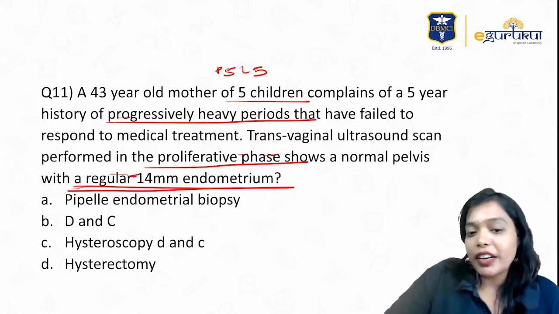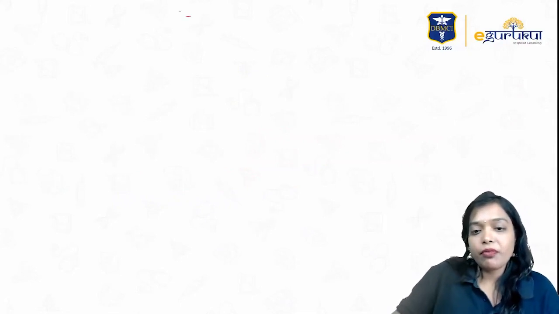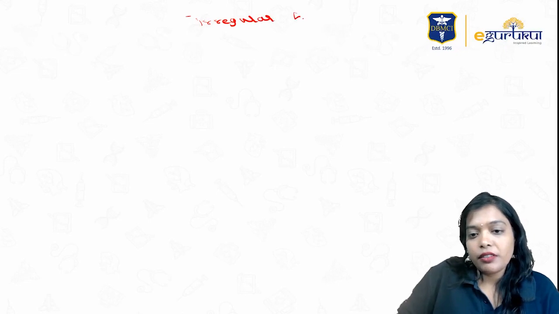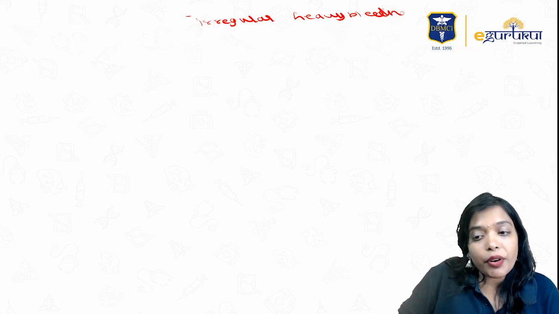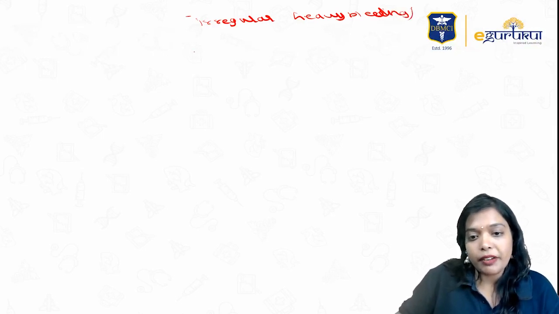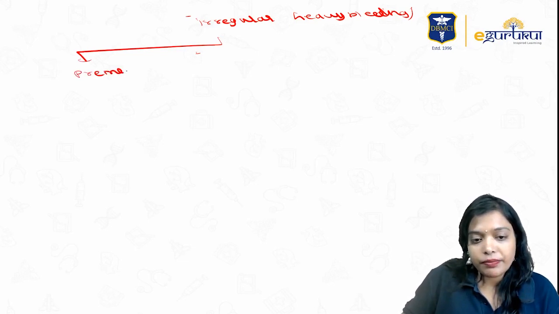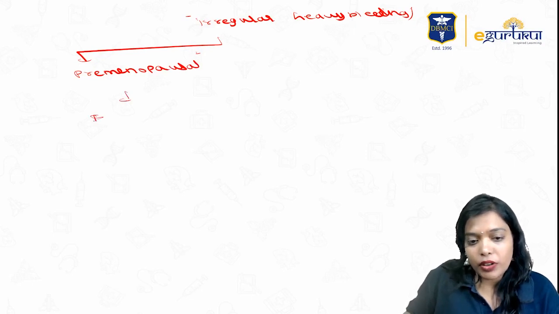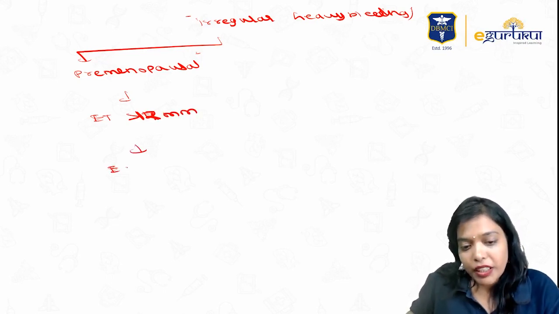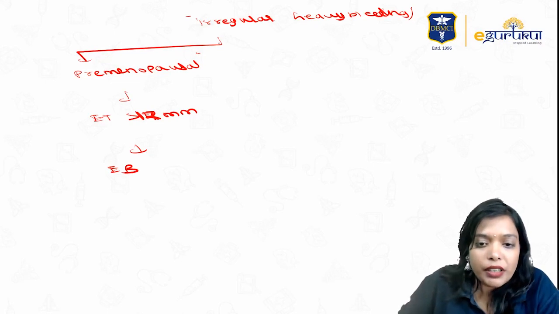Whenever you have irregular bleeding or heavy bleeding, or a woman with postmenopausal bleeding: if she is premenopausal and ET is more than 12 mm, your next step should be endometrial biopsy.